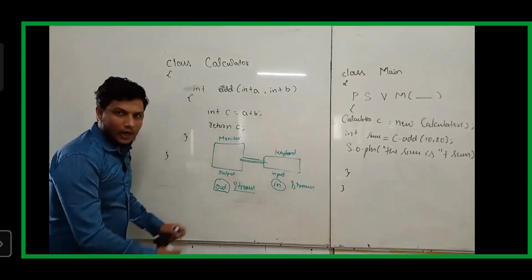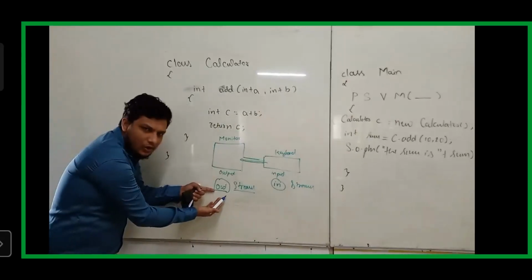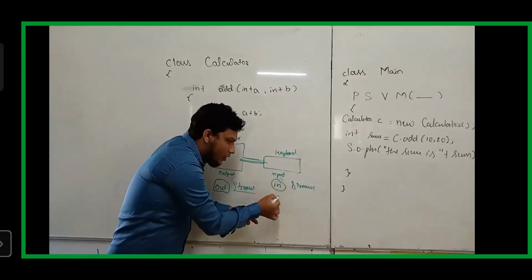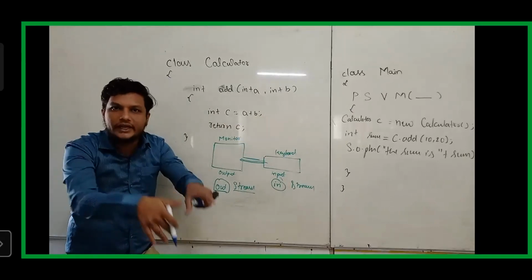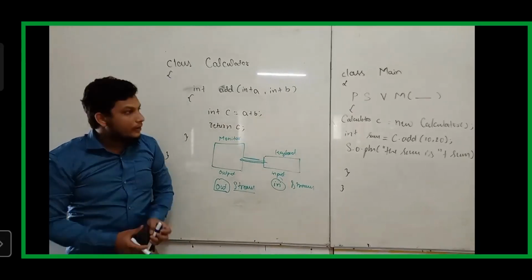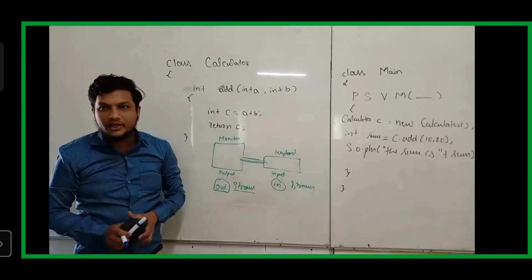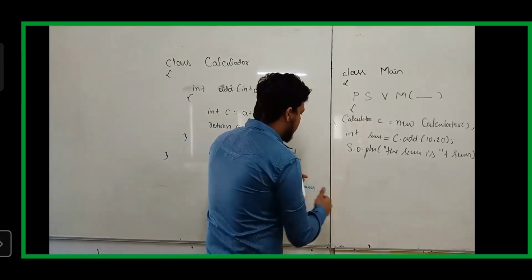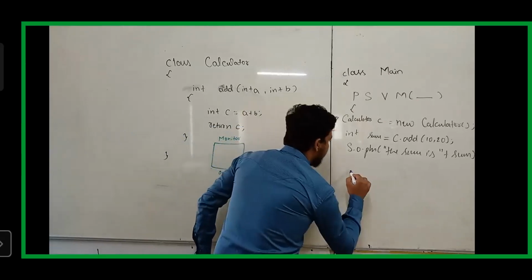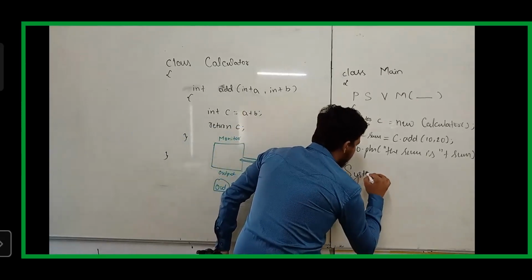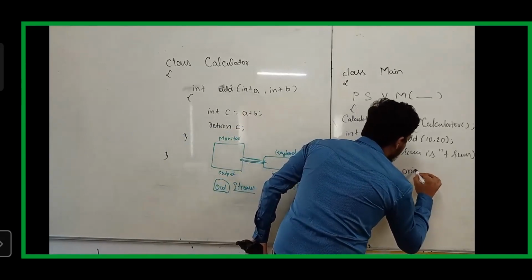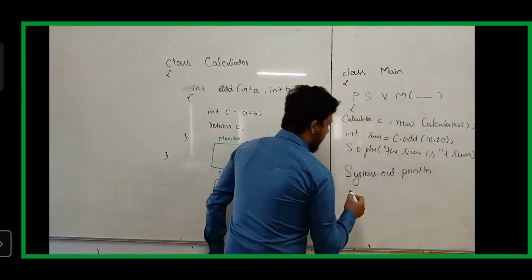I wanted to display, so I used the output stream. I want to collect the input from the user, so I'll make use of the input stream, that is in stream. Now tell me, where was the output stream present? Like this only I used to write: System.out.println.